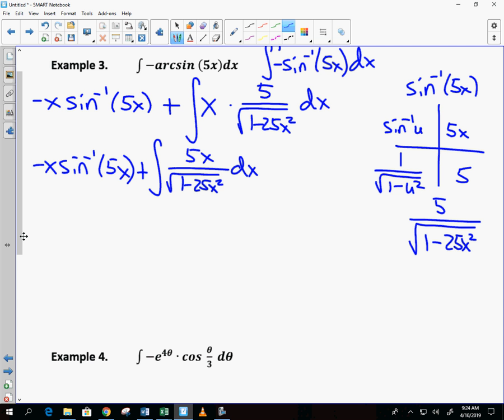So let's do that. U is equal to 1 minus 25x squared. So du is equal to negative 50x dx. I do not have a negative 50x. I have a 5x. Negative 1/10 du is equal to 5x dx.